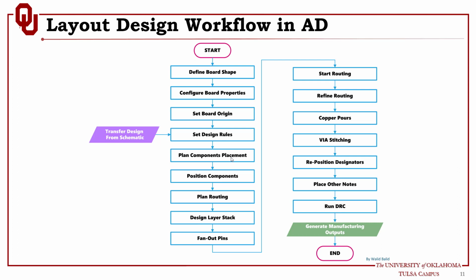And also, you always need to start by placing the connectors that interface with the outer world or with the user, because usually these connectors are on the edge of the board. You need to have them placed first. Then you look at what your core component is.